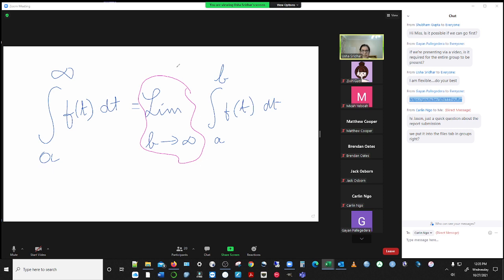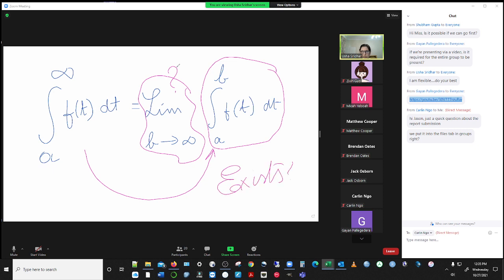Then you need to look at some of the very classic textbooks where the integral calculation is not the problem, but whether this limit exists or not. So it boils down to the problem of existence of a limit.